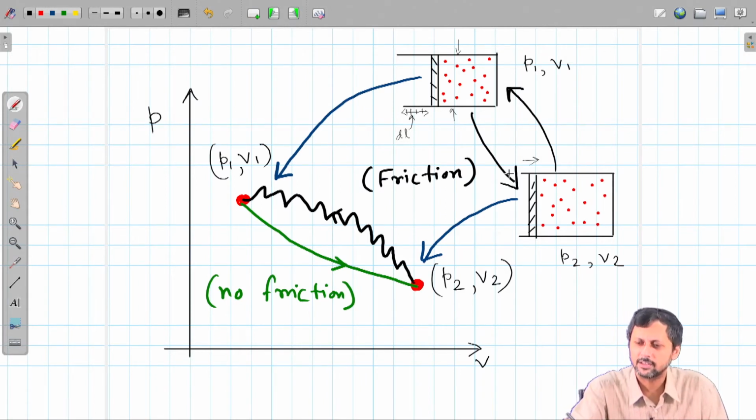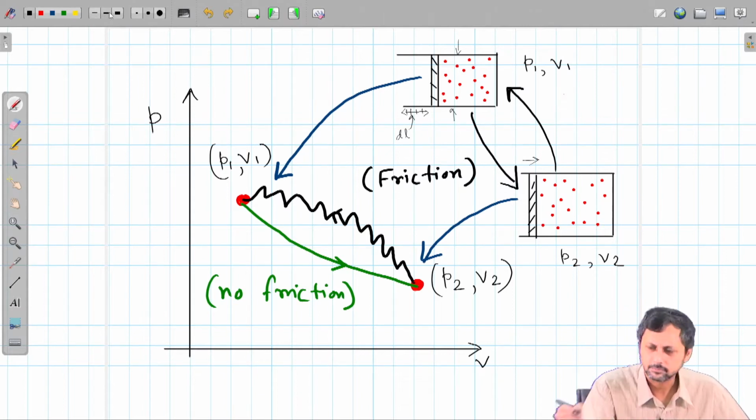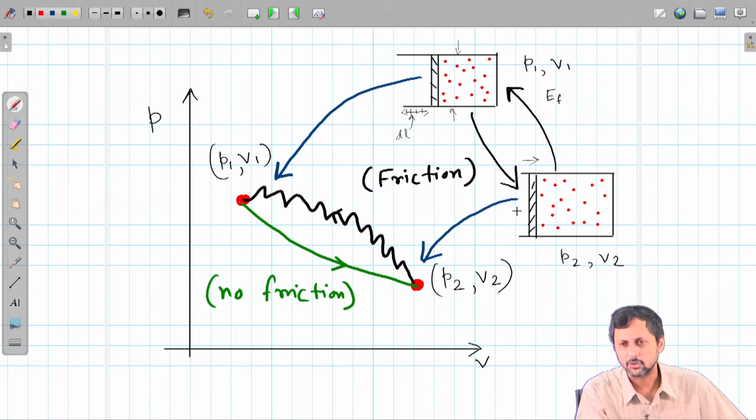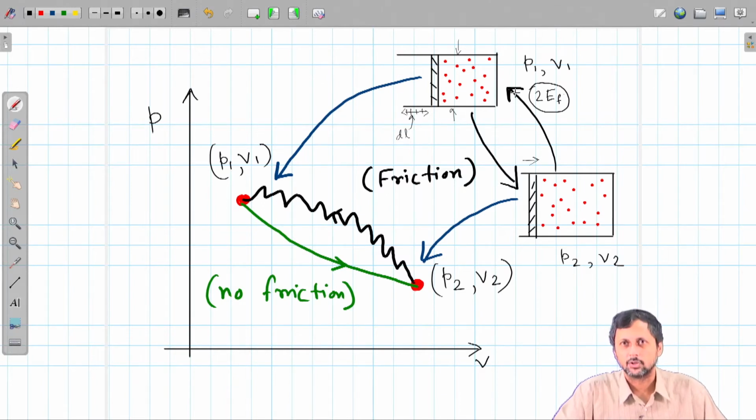Let us call this energy EF. So, EF will be exhausted when we are going from state 1 to state 2, and the same EF will be exhausted when we are going back from state 2 to state 1. So, altogether in this process an energy of 2 EF will be lost.